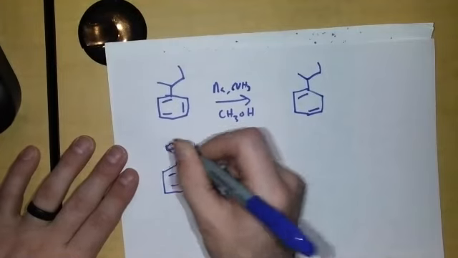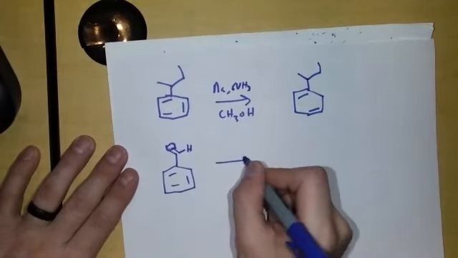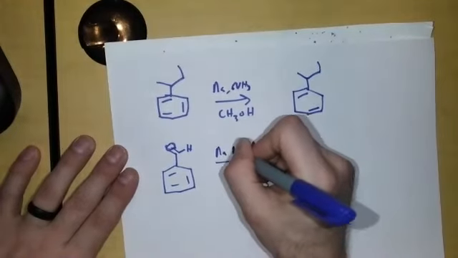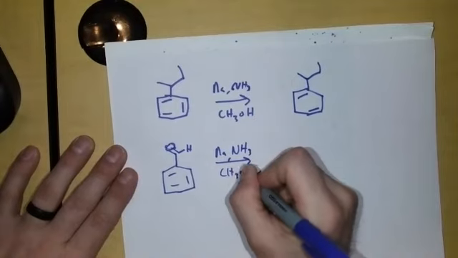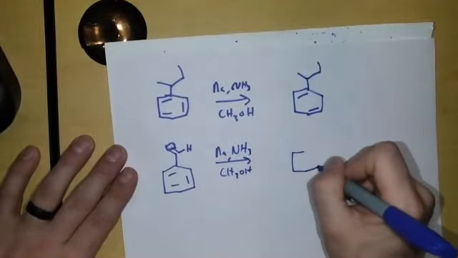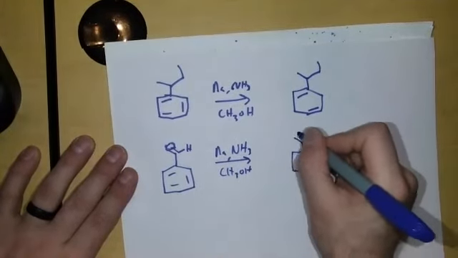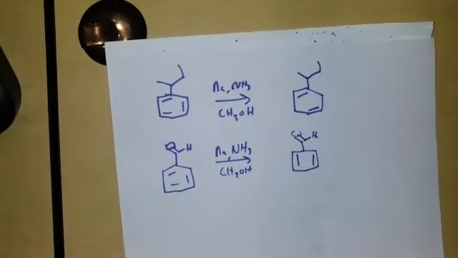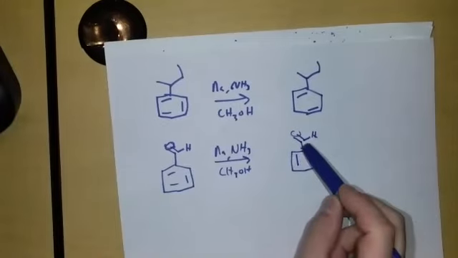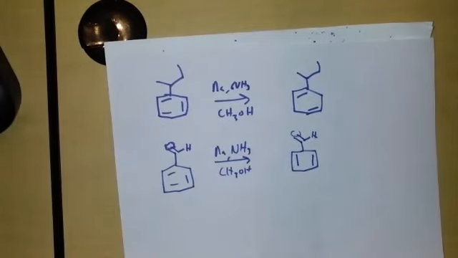I'll draw an aldehyde for this example. Last one I drew a ketone. We get the opposite double bond orientation, where neither of them are attached to this more substituted position.